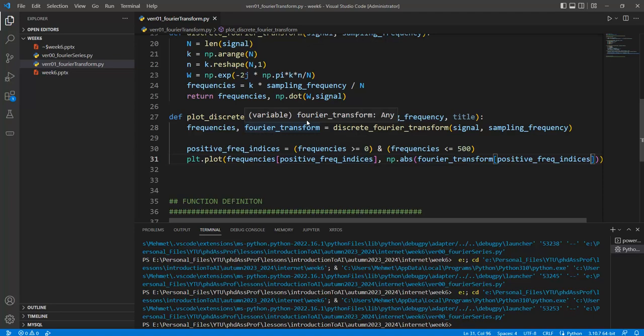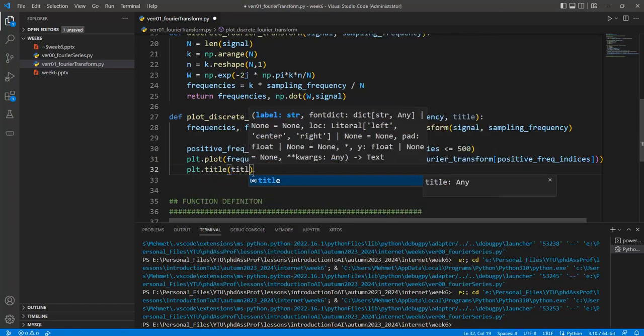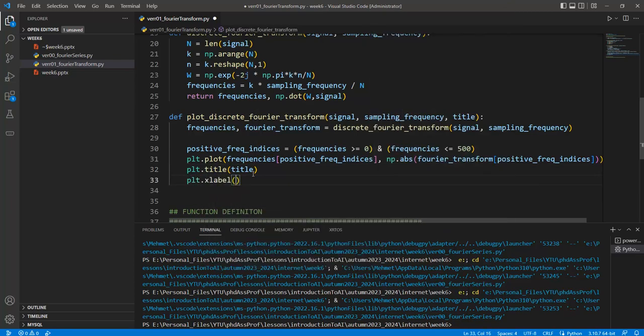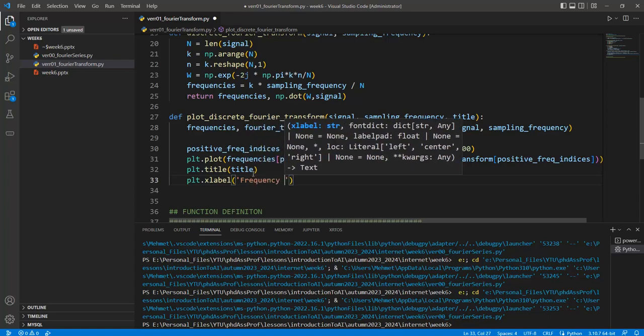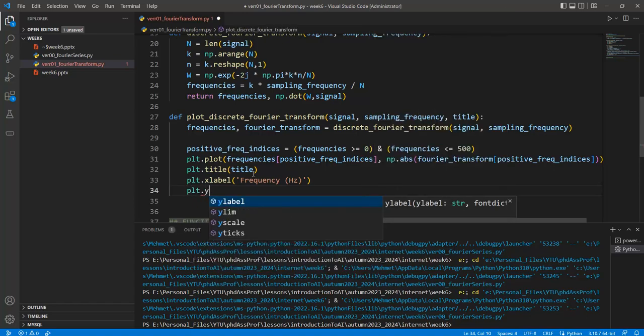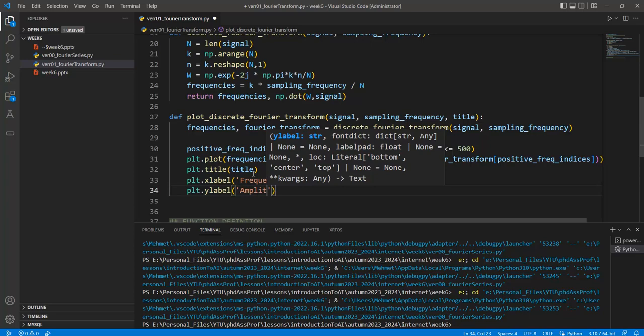Okay, and after that we have this information. plt.title must be given with the title, and plt.xlabel should be equal to the frequency in hertz, plt.ylabel is what? The amplitude. Okay?